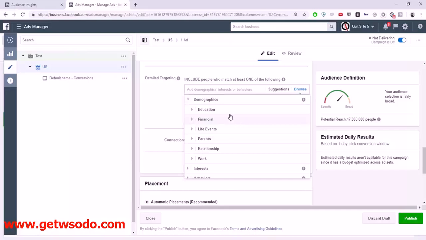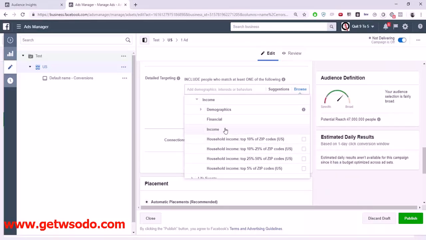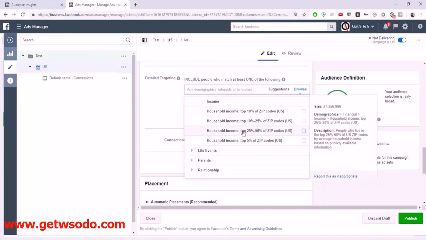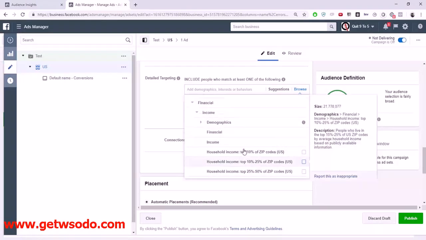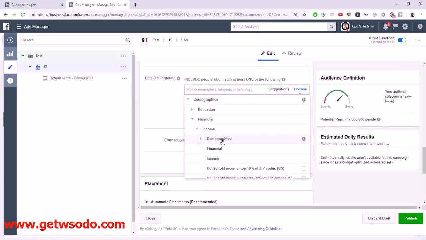Let's see, financial, income. People actually put their income level on Facebook as well. So you can see household income within the top 25 to 50% of all US zip codes. A lot of these demographics are actually only in the US. Facebook doesn't actually pull data from a bunch of other sources worldwide. So if you're targeting outside the US, you're probably going to be limited when it comes to demographics.